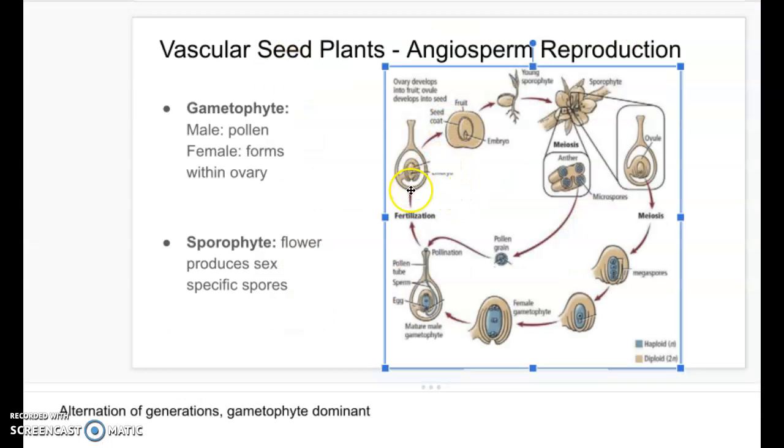Once the sperm enters and fertilizes the egg, the flower is going to hold on to the seeds. And at that point, there's a lot of variability. For example, with fruits that have seeds, you would have to eat the fruit in order for that fruit to then go and make new plants.